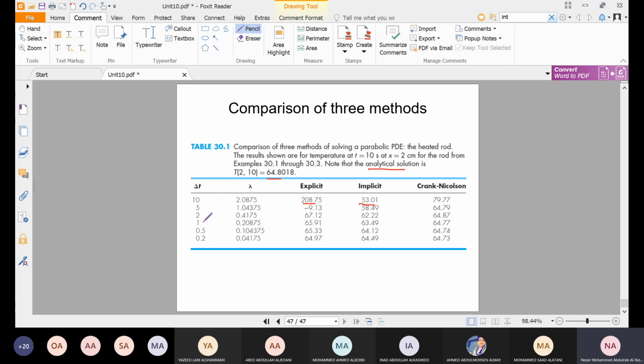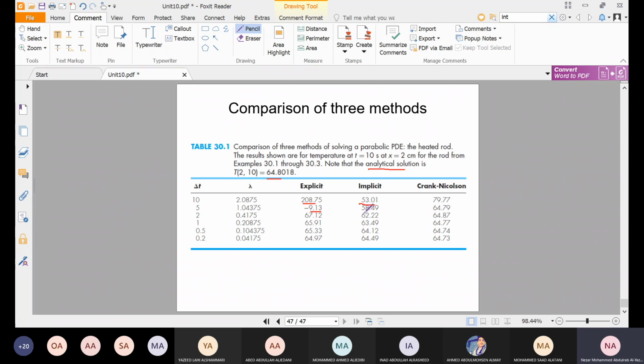If we reduce the step size, we can enhance the accuracy. If we reduce the step size here to 5 seconds, the value of lambda will also reduce. You can see the explicit is again too far. It is easy to compute, but the results are too far.